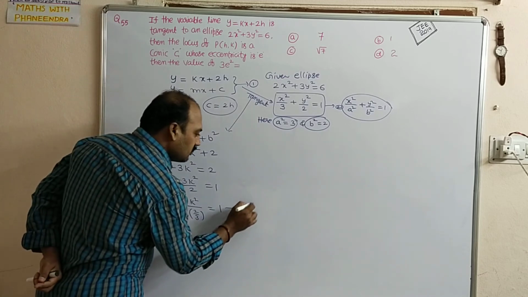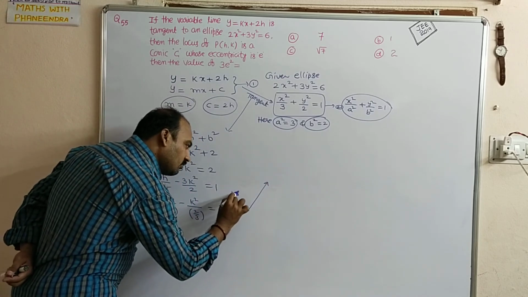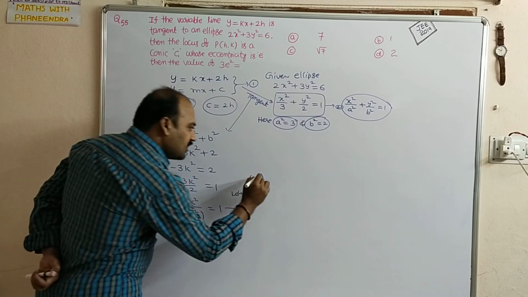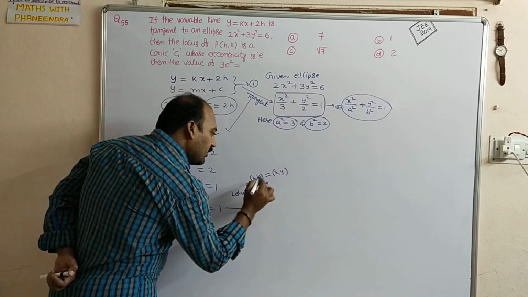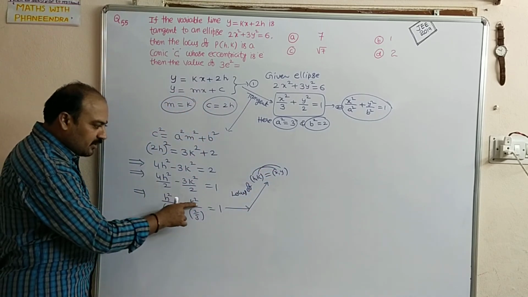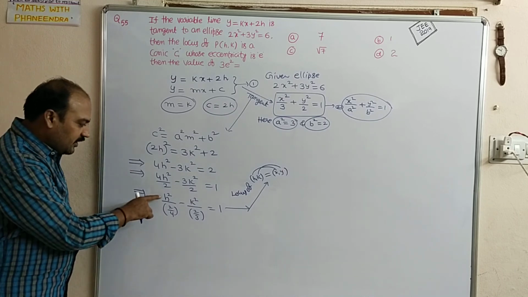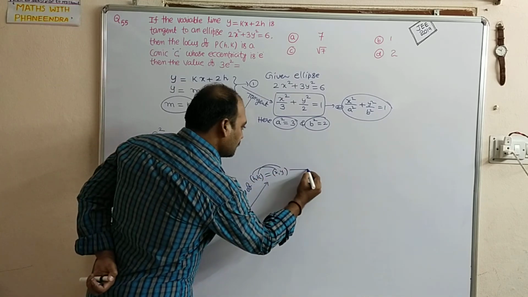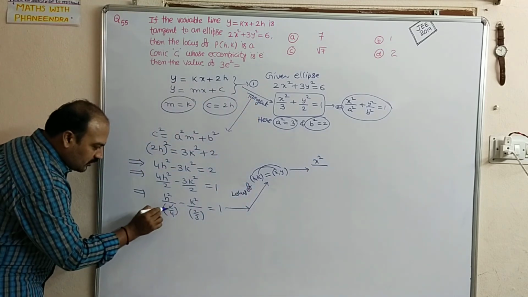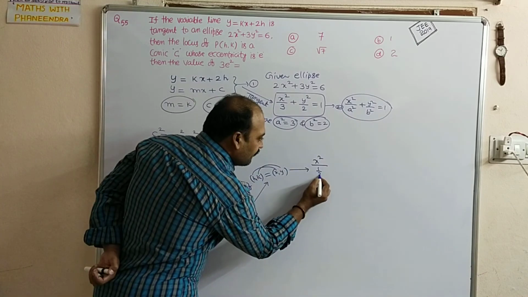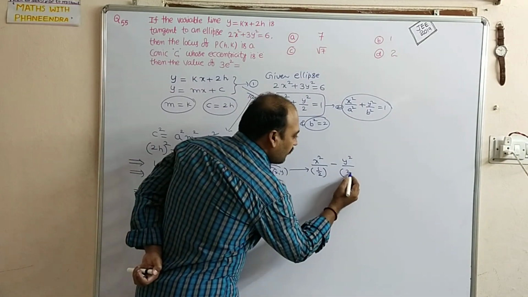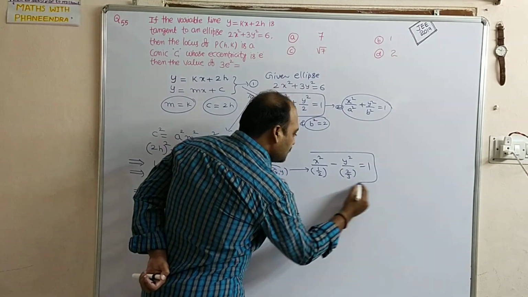Here, locus of (h, k): whenever they are mentioning locus of (h, k), h value will be equal to x, k value will be equal to y. Therefore, wherever h, k is there, you have to replace with x and y. So it becomes x square by (2 by 4, that is 1 by 2) minus y square divided by (2 by 3) is equal to 1. This is the conic C.